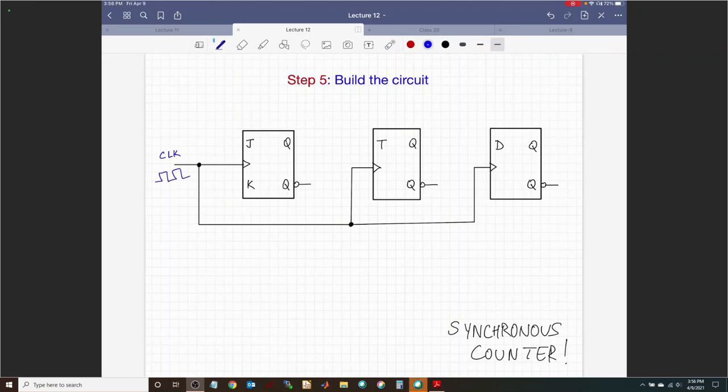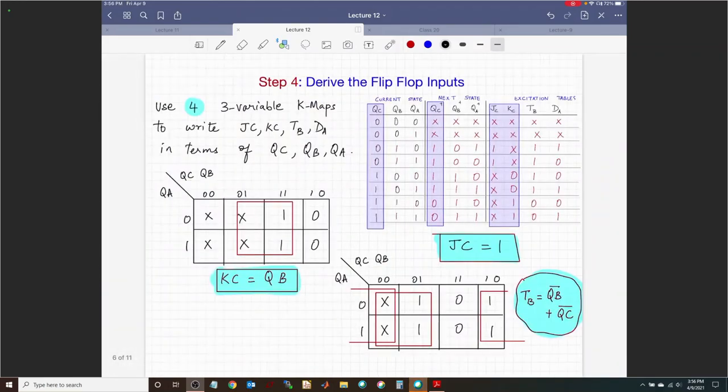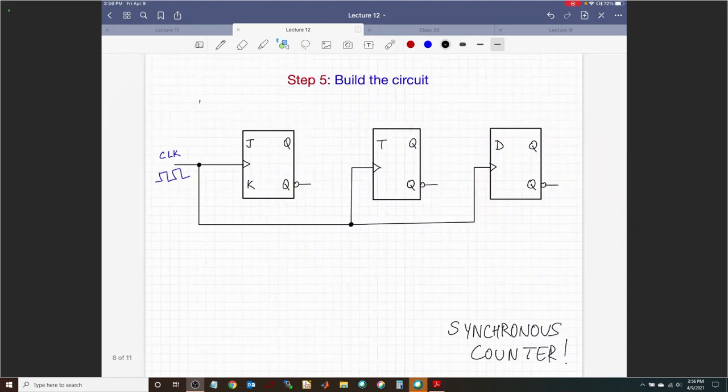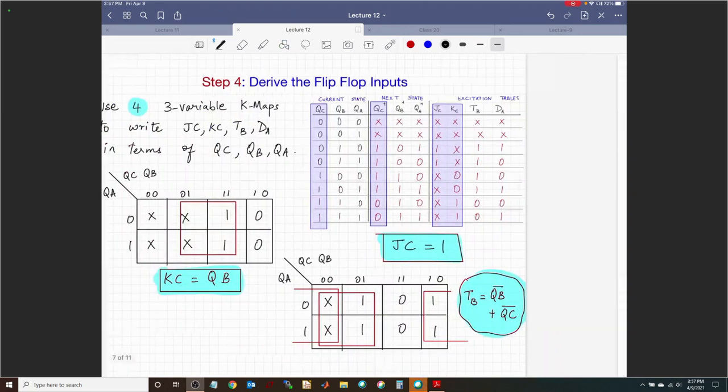Okay. So now I need to figure out what I need to connect at J. It looks like JC should be 1, always connected to high. So I can pull it up using a pull-up resistor to plus 5 volts. J is hardwired to 1. How about KC? KC is QB. Where do I get QB from?